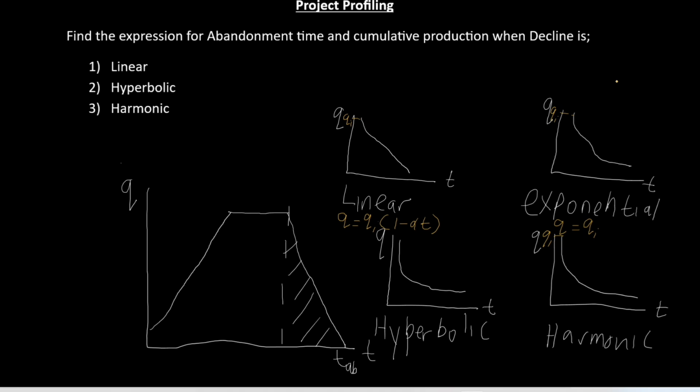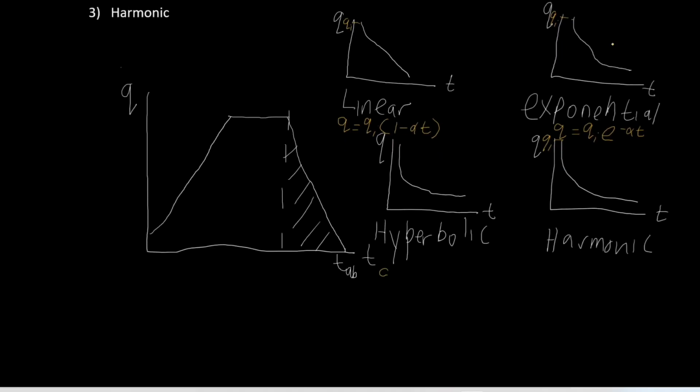For exponential, our Q is given to us as QI, which is our initial rate of production, times exponential of minus alpha T. Then for our hyperbolic, we have that Q is equal to QI times 1 plus alpha T raised to power minus 2.